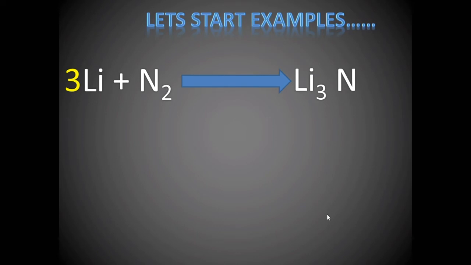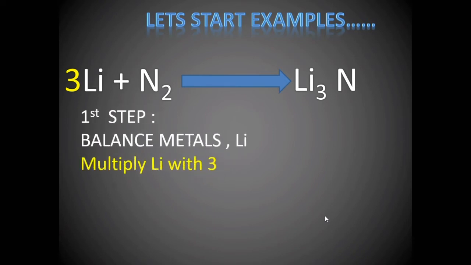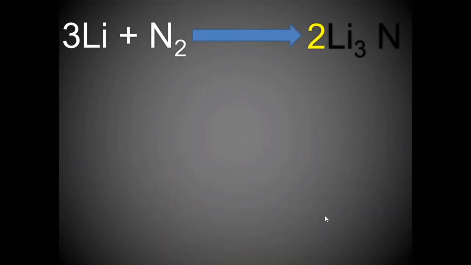We are moving toward the examples. This is the first example on the screen, where lithium reacts with nitrogen to form lithium nitride. The first step is to balance metals. Here lithium is unbalanced on the reactant side, so we multiply it by 3. Then we move toward the non-metals.